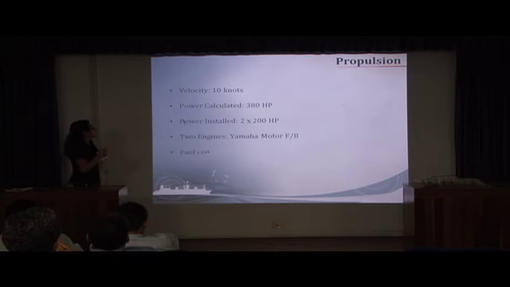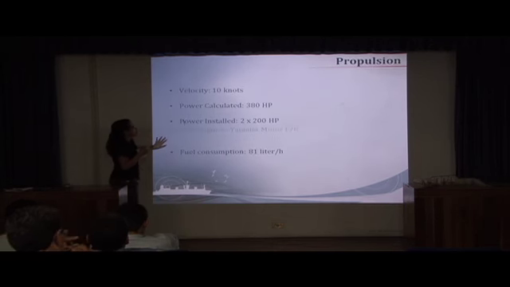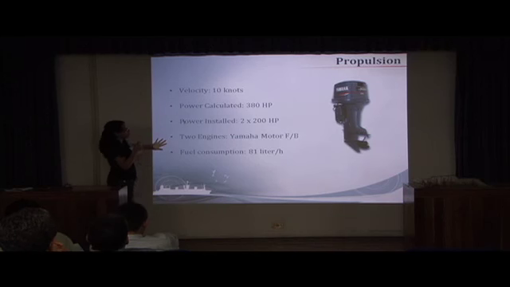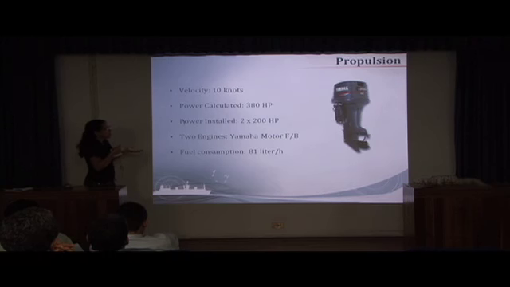The propulsion. To make the propulsion, I use the Holtrop method. The velocity is not a problem, because in the main requirements they don't care about the velocity, because it's a small distance.